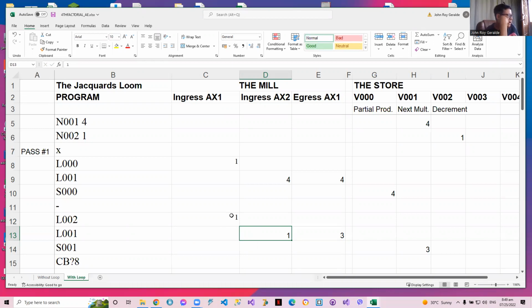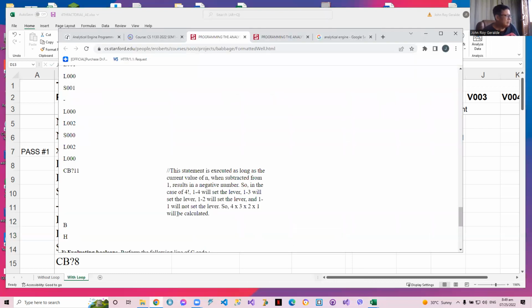Count backwards. Count backwards, because it will become negative 3. Count backwards 8.